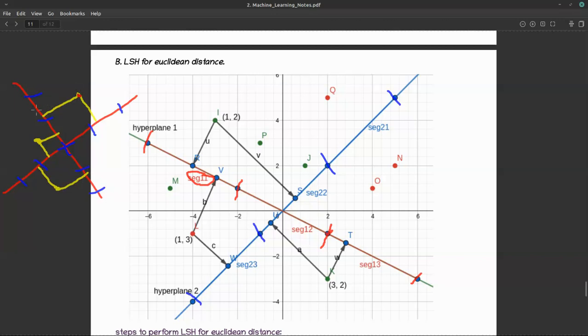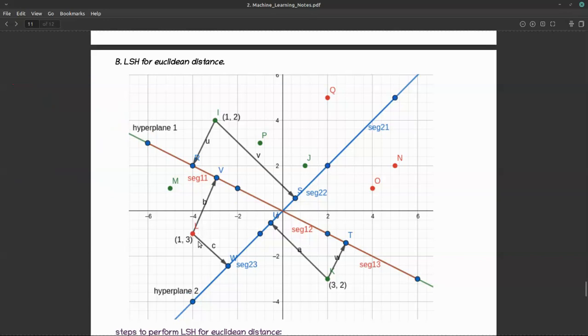It is on region 1 and here it is on region 3, so it is 1 3. It is on region 2 and 2, so it is 2 2. If it is on region 3 and 1, it is 3 1. That's how we are classifying the point. Just take the projection on a hyperplane, and whatever region or segment they are falling in, just give the number, right?